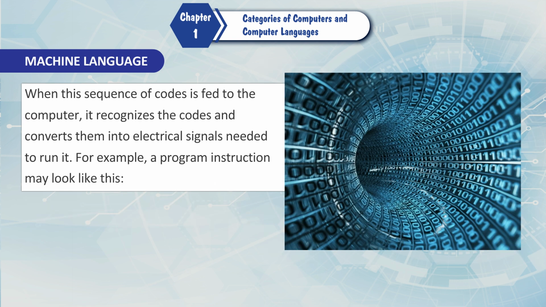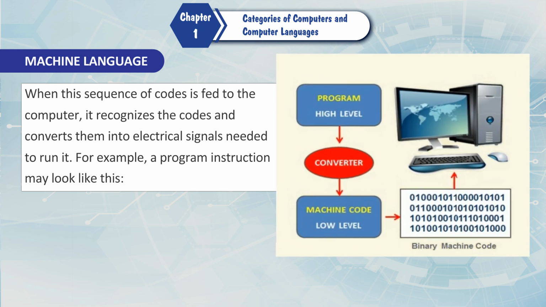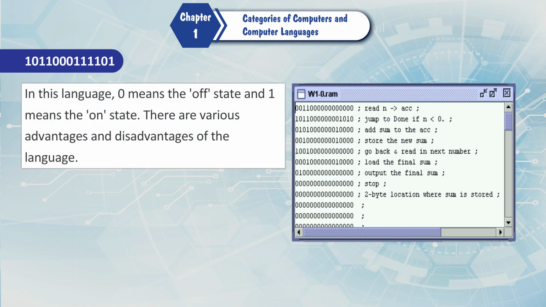When this sequence of codes is fed to the computer, it recognizes the codes and converts them into electrical signals needed to run. For example, a program instruction may look like this: 10110001111101. In this language, 0 means the off state and 1 means the on state.